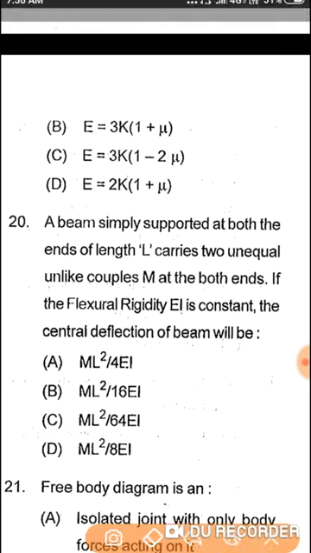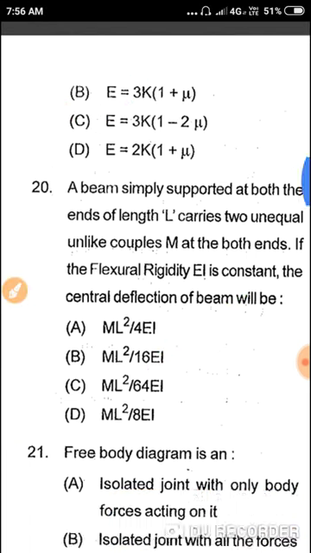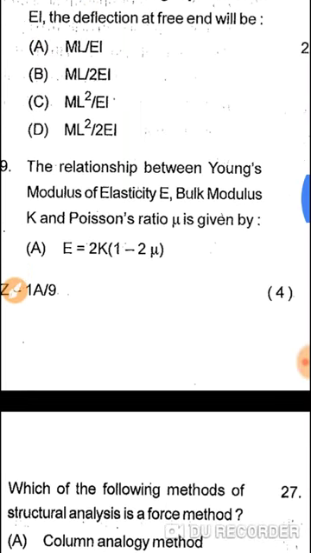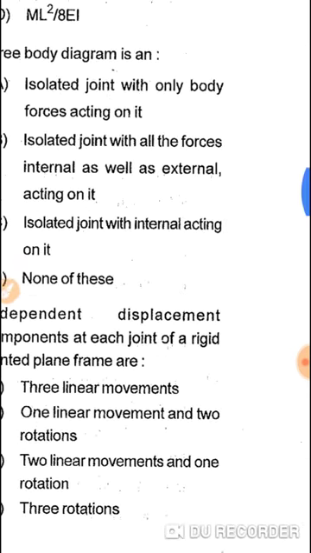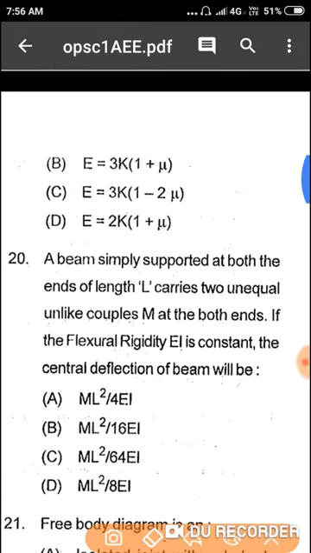So you know this is the correct option, option C. The relationship between Young's modulus, bulk modulus and Poisson's ratio: the correct option will be E equals 3K into (1 minus 2 mu).